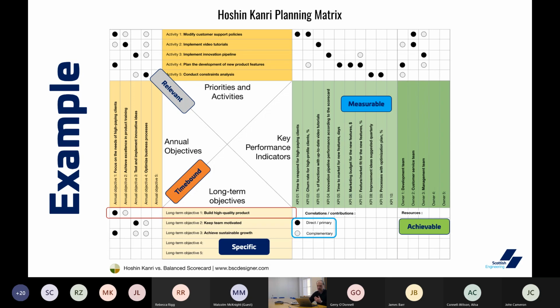But there's also a complementary, the second objective, which is about achieve excellence in product chain, will have an impact.